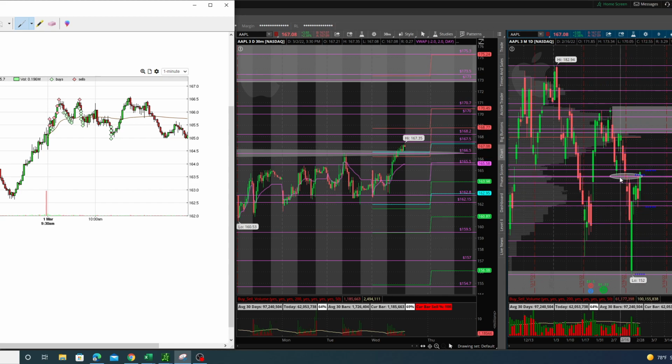So the reason I was interested in shorting this 166.50 area is for one of the reasons I just mentioned, where this was last week's high of week. Last week's high of week was 166.69. What that tells me is there's going to be a lot of traders that are looking for it to break out over last week's highs for a move upward.